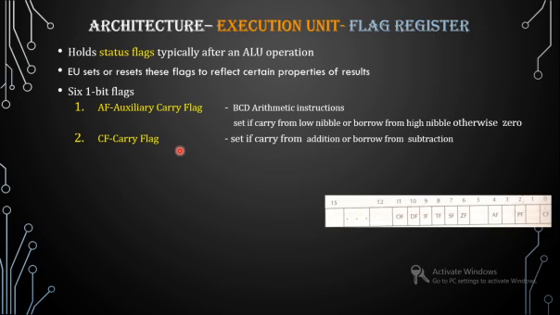Soon after addition of two bits, if there is a carry, this carry flag will be set. Or in subtraction, if you are borrowing from the higher bit, then that borrow has to be mentioned, so automatically the carry flag will be set. Similarly, the auxiliary carry flag will be set during BCD arithmetic instructions.